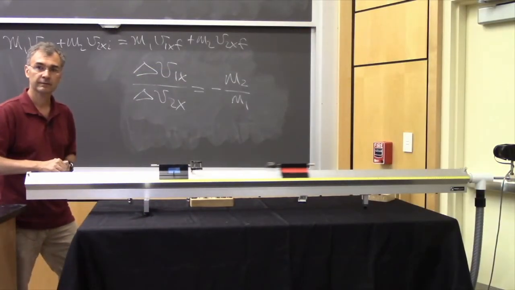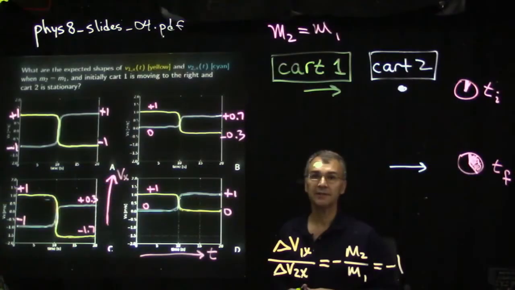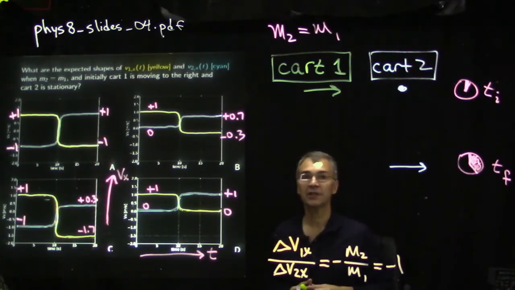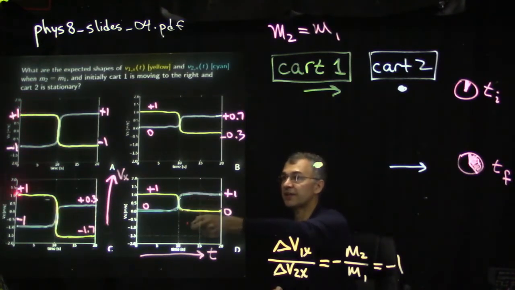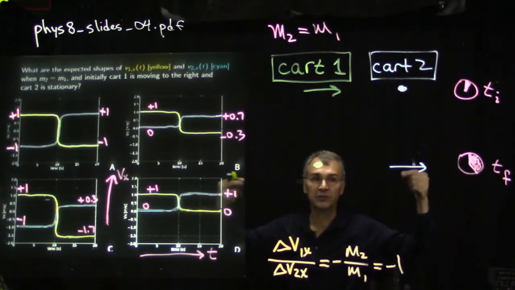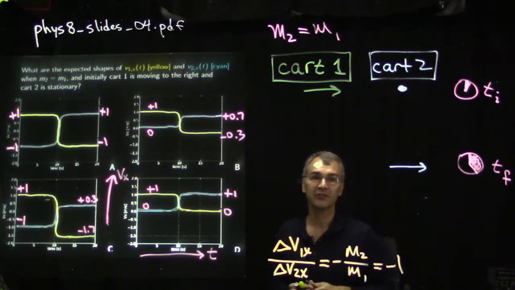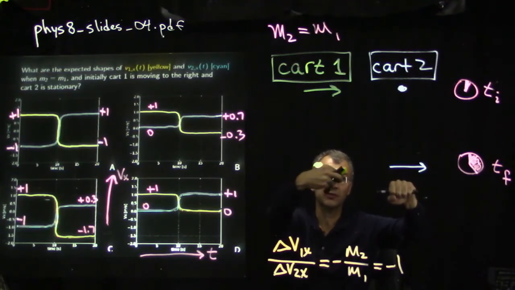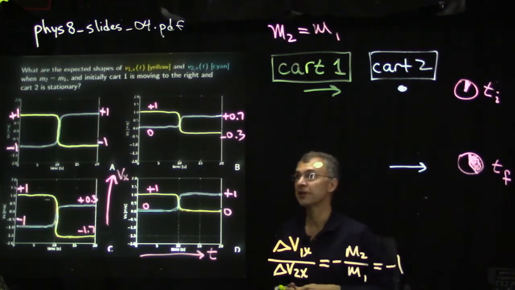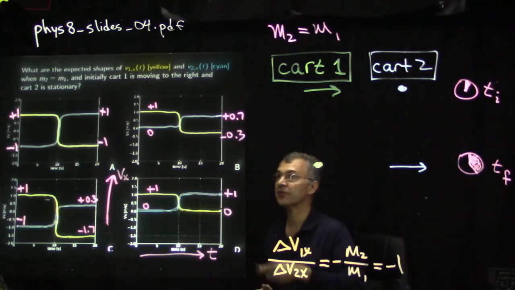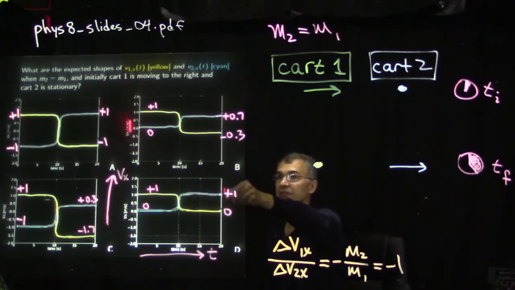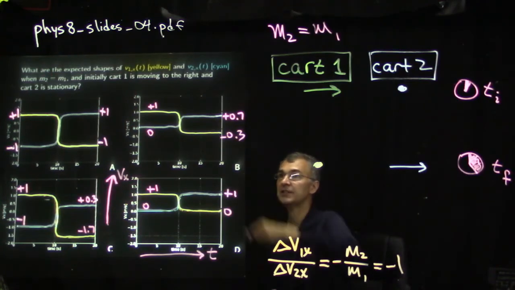Yeah. And then it seems as if graphs A and C are not compatible with what we see in the clip because they seem to represent an initial state where the two carts are moving toward one another. And that's not the initial state we have. The initial state we have is where cart 1 is moving toward a stationary cart 2. By the way, each one of these graphs has velocity, the x component of velocity, on the vertical axis, and I've tried to label key features here.